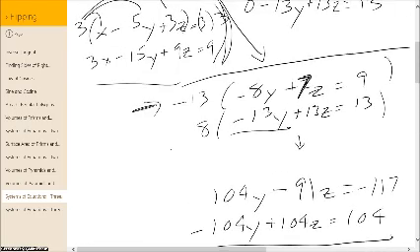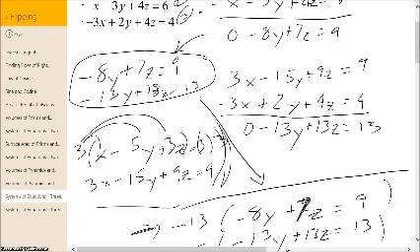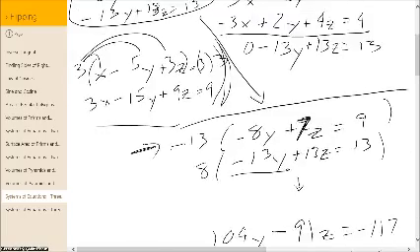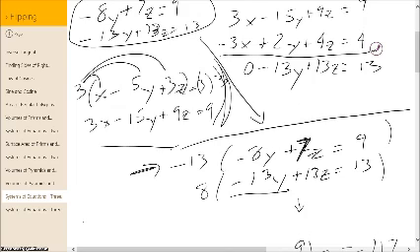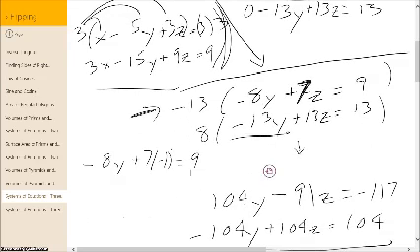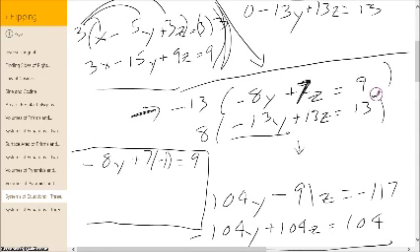I can go back to one of these guys from up here. Let's do this one, negative 8y plus 7, and I'm going to plug in for z. 7 times negative 1 equals 9. Okay, let me cut this guy off here. That means negative 8y minus 7 equals 9.